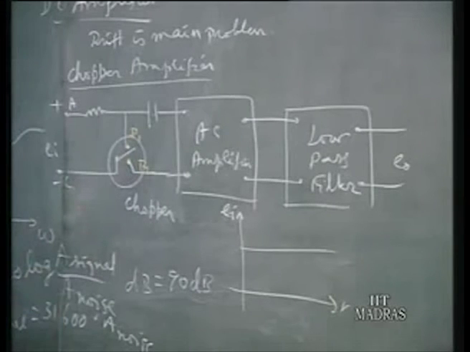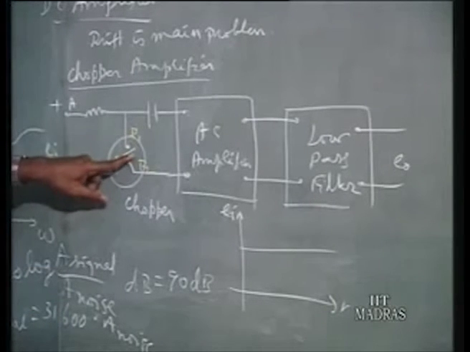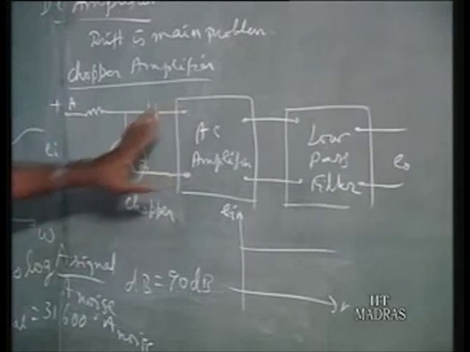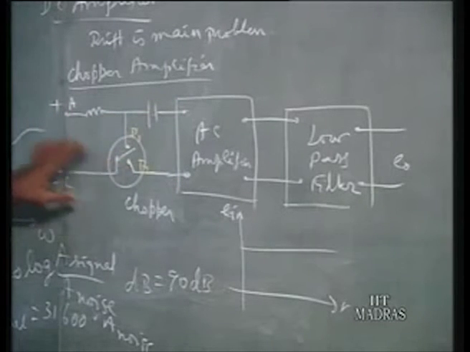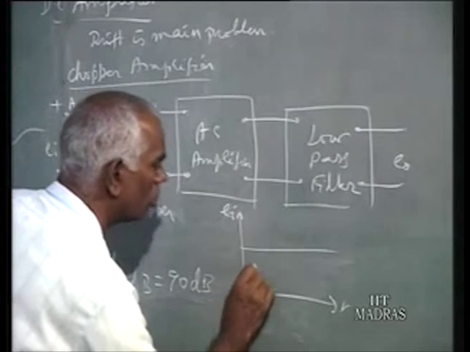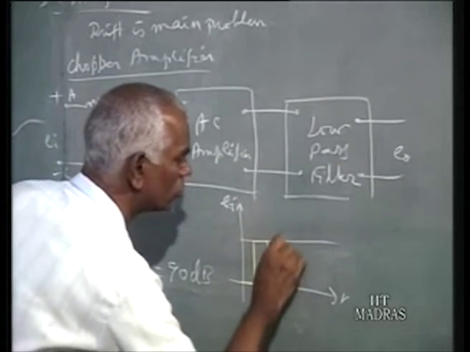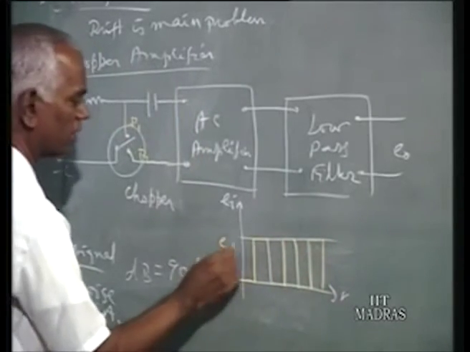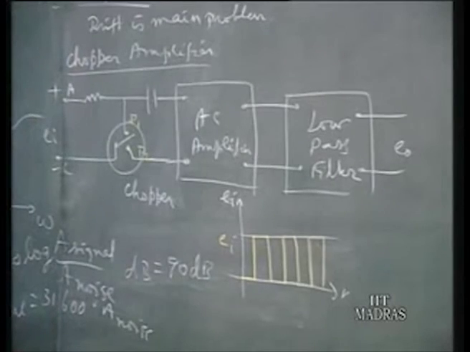When the switch contacts P1, 0 voltage is applied. When it contacts point P2, then full voltage is applied. So alternately 0 and full voltage is applied. So 0, full, 0, full. The voltage is applied like this. Now this will be the EI for the AC amplifier.